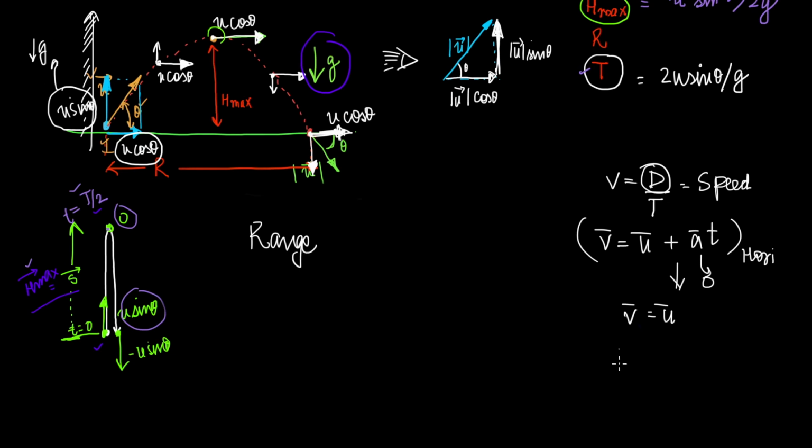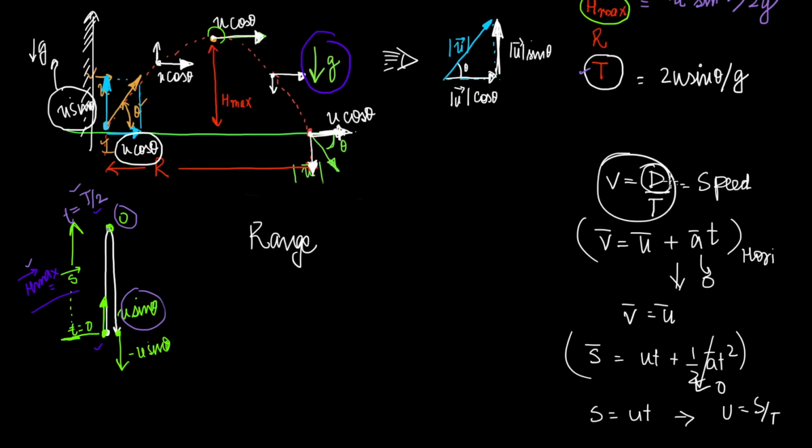You can also use the second equation, which is s equals ut plus half a t squared. And what is a again in the horizontal direction? Well, a is 0 again, so you get s equals ut, which is the same as u equals s by t, and that's the same thing I've written here, which is displacement upon time, and displacement was capital S.